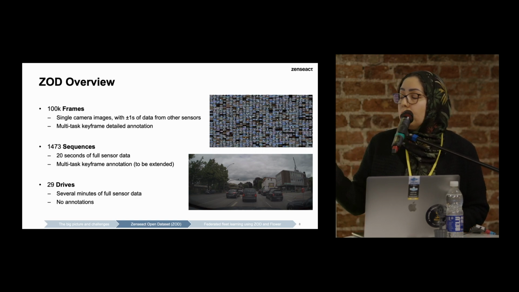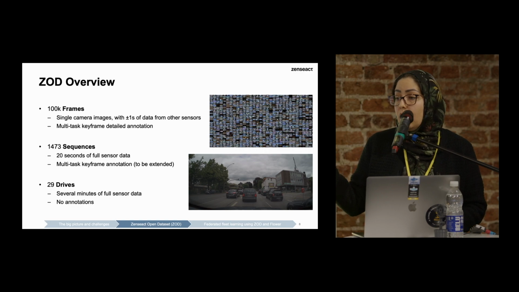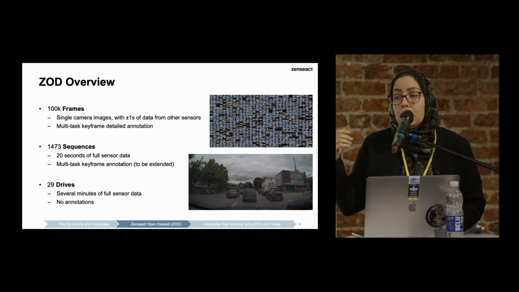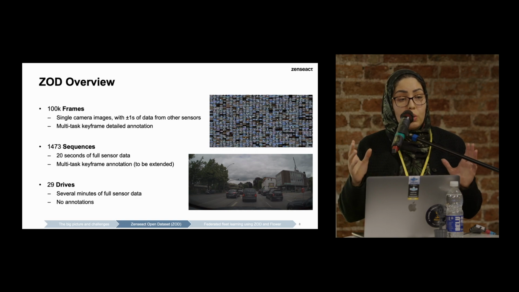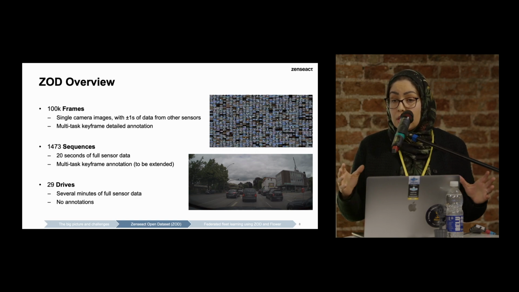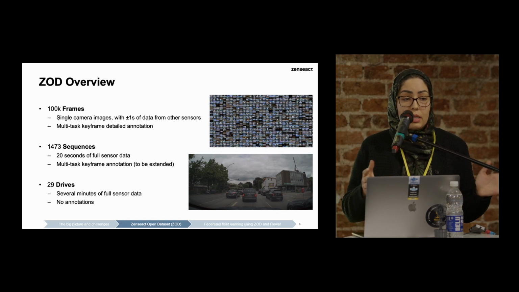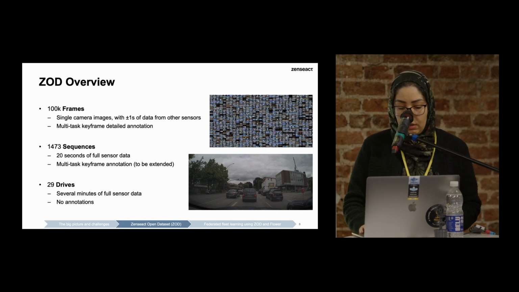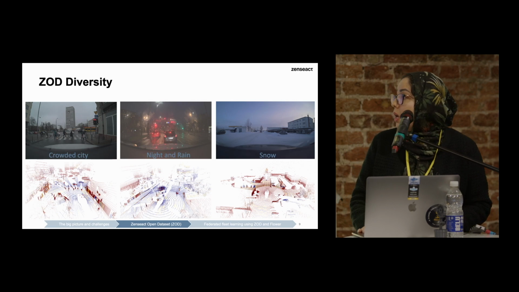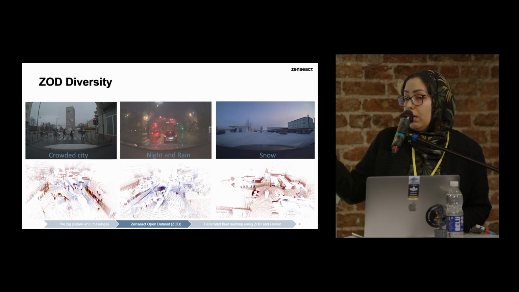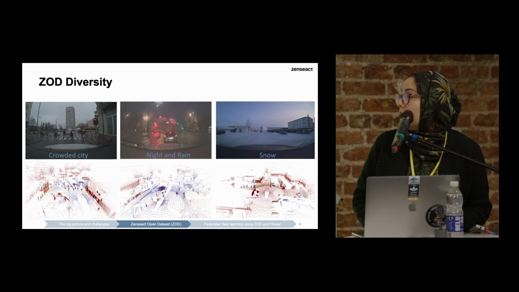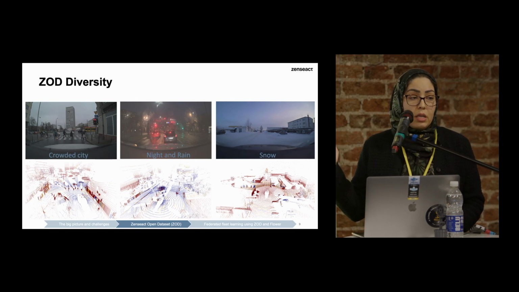We also provide multitask keyframe annotations for those. Sequences cover 20 seconds of the full sensor data, and drives are similar but last for several minutes, like 1 to 6 minutes.